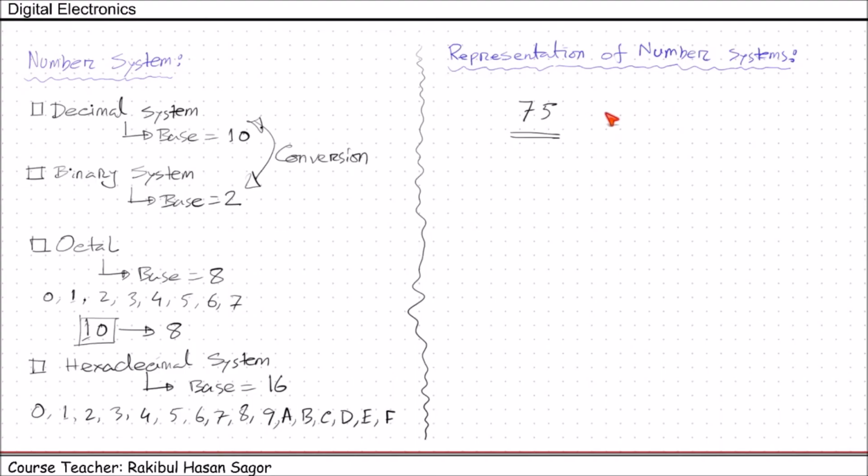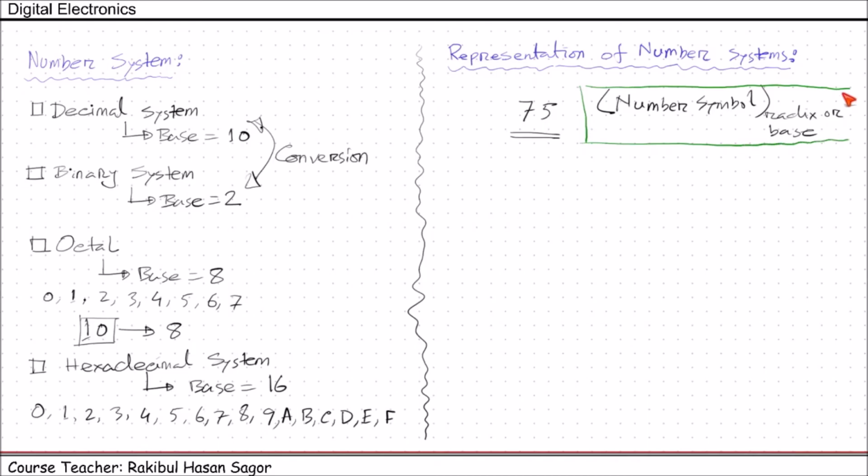So whenever we write a number in this course, we write the number symbols, closed by a bracket, and at the right bottom corner of the brackets we write the radix or base. This is how we represent a number in this course in order to remove all sort of confusion.